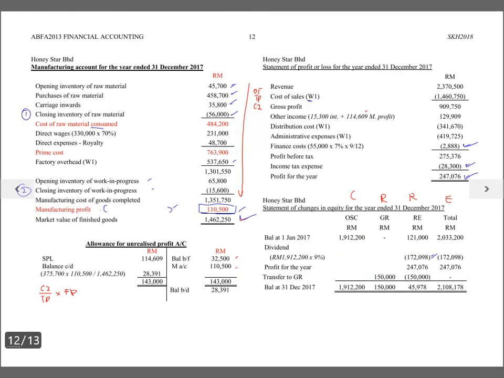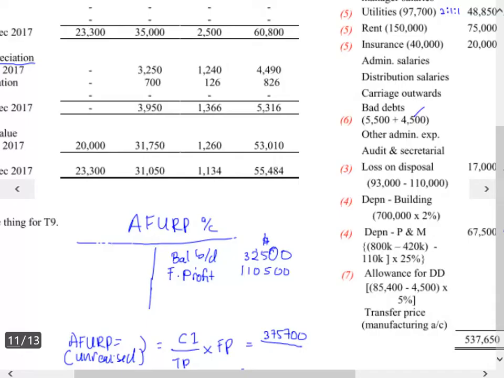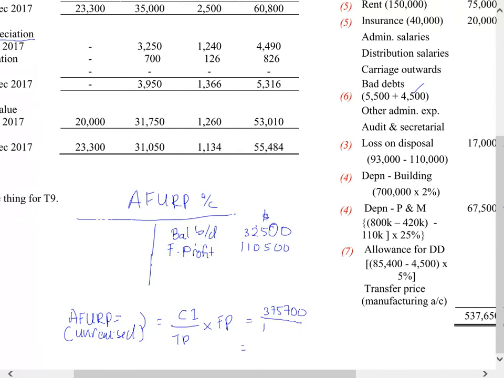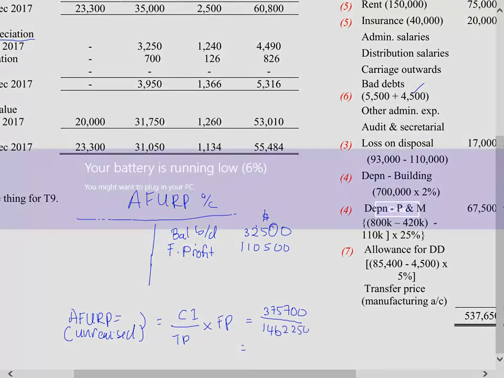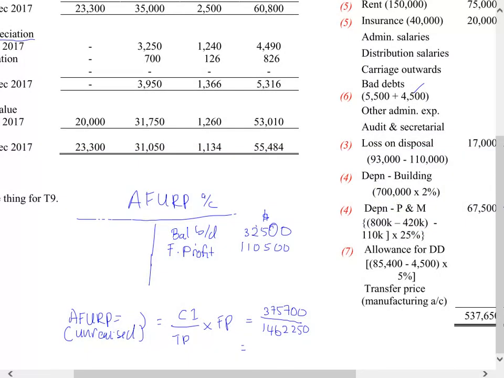Transfer price is 1462. Times with 110,500. So 28391 is the unrealized profit.